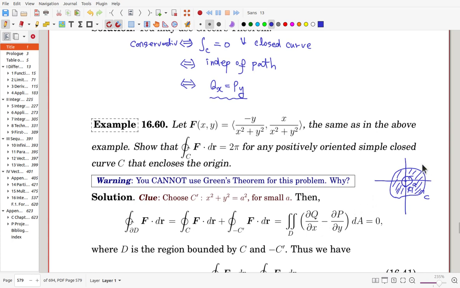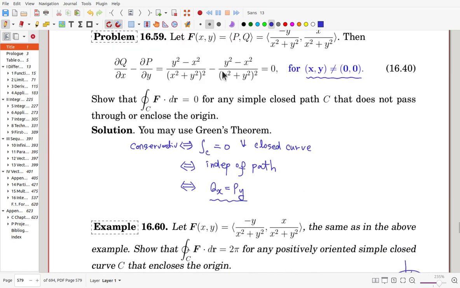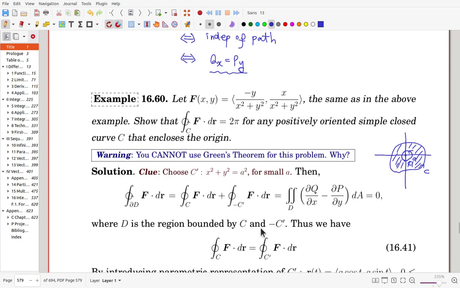Now we can use the generalized Green's theorem, because everywhere in this region it has continuous partial derivatives, and Q sub x minus P sub y is 0, as we already know from here. So that is 0, which means that one is the negation of the other.